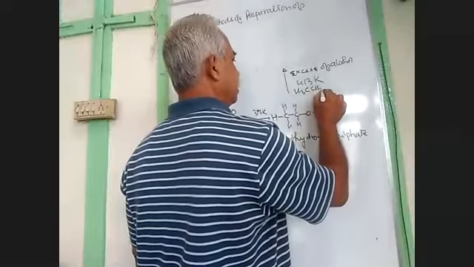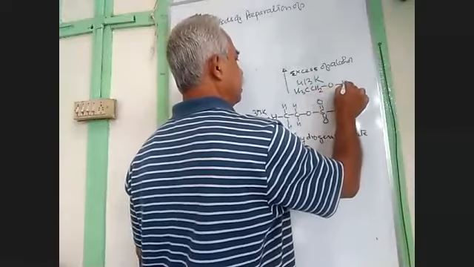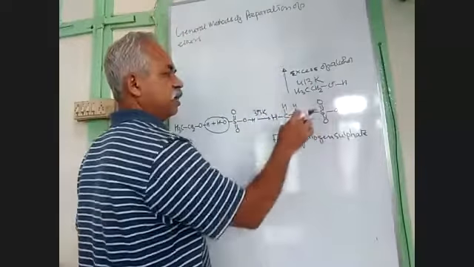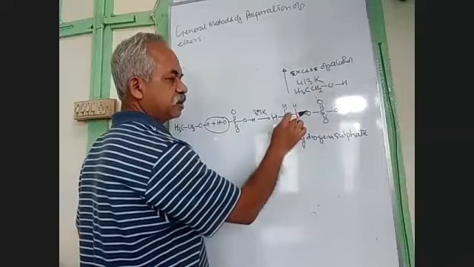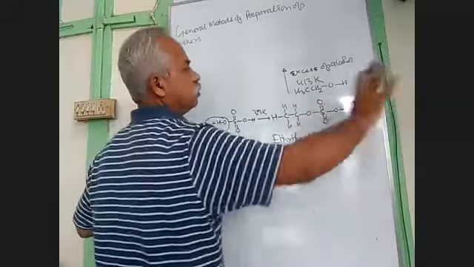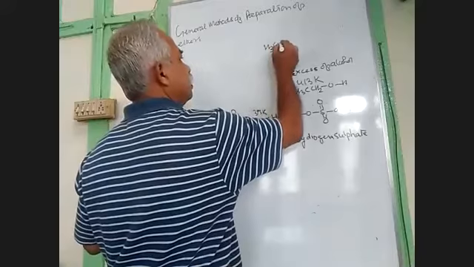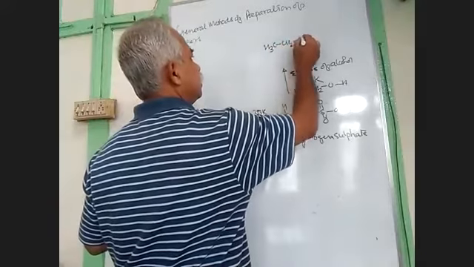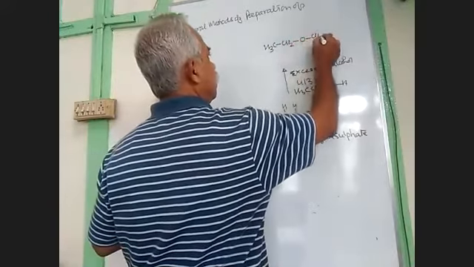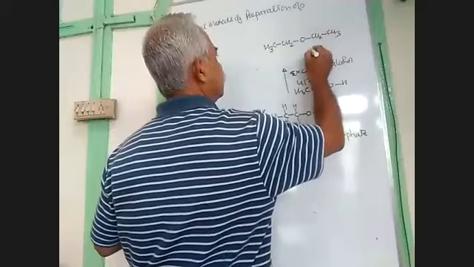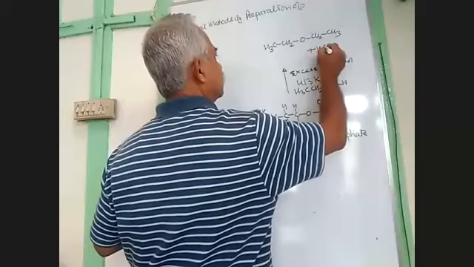CH3CH2OH. See there, this oxygen attacks this carbon, sulfuric acid goes out. And what do you get here? CH3CH2OCH2CH3 plus H2SO4.